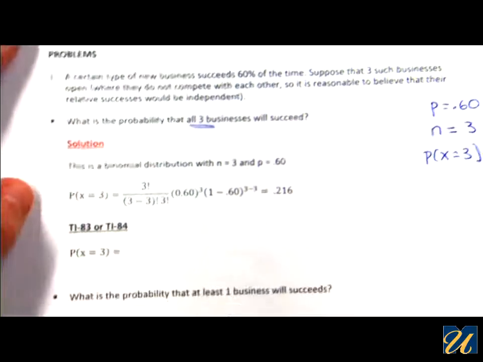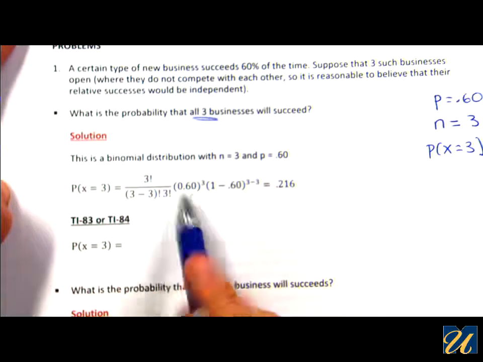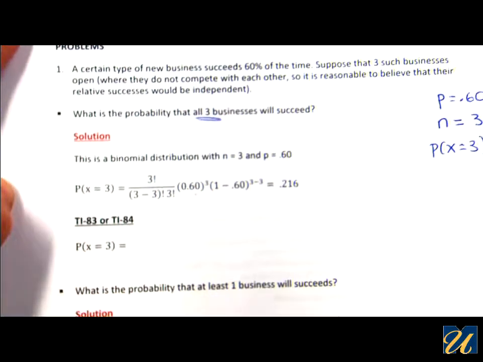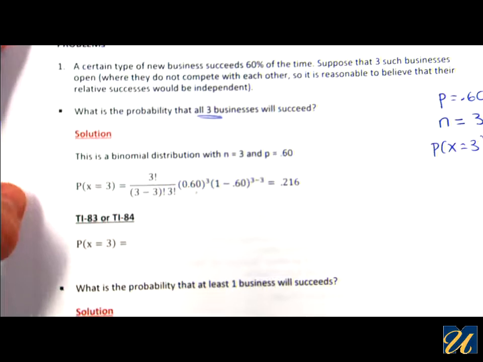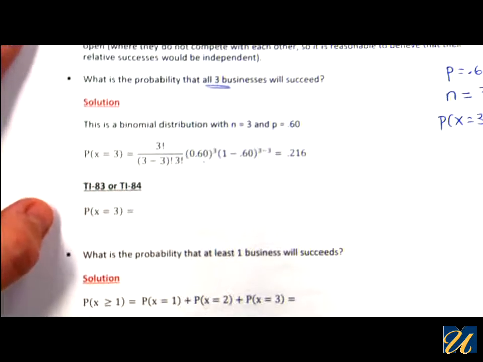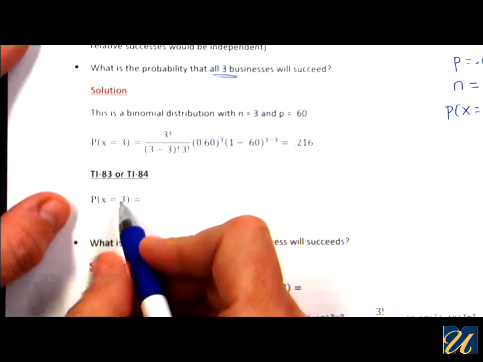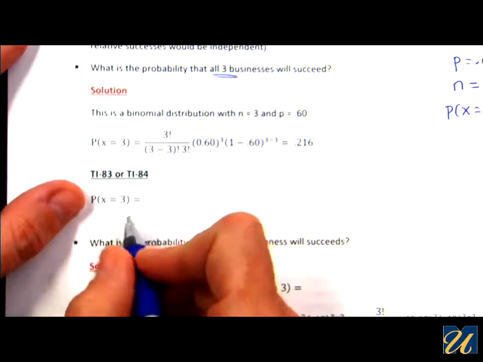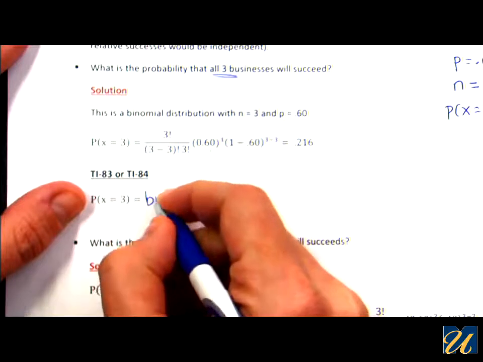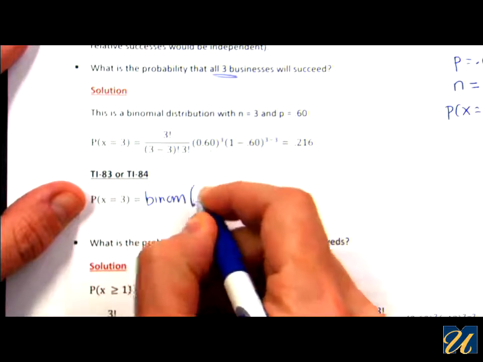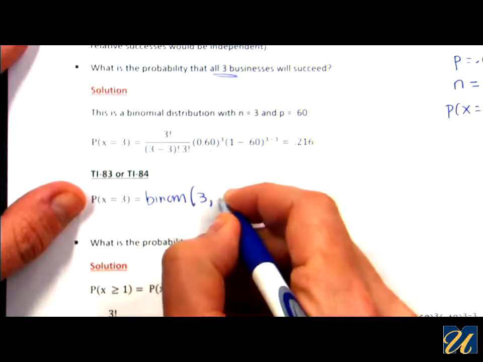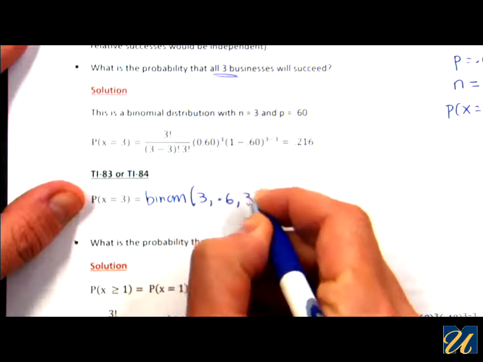I always have in the solutions how to use the formula in case you feel more comfortable using the formula. But I will show you the graphing calculator because it's a lot faster. If we're using the graphing calculator, we're going to go to second VARS, binomial PDF, and we're going to do n, which is 3, comma, p, 0.6, comma, 3.